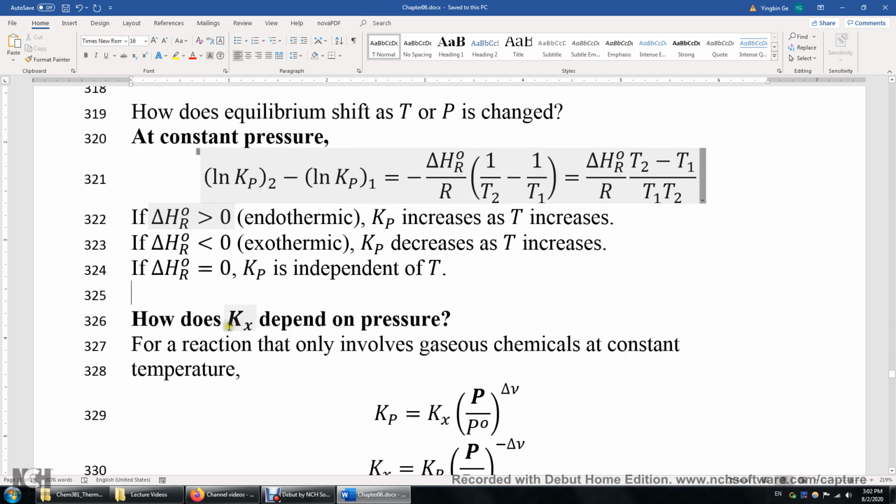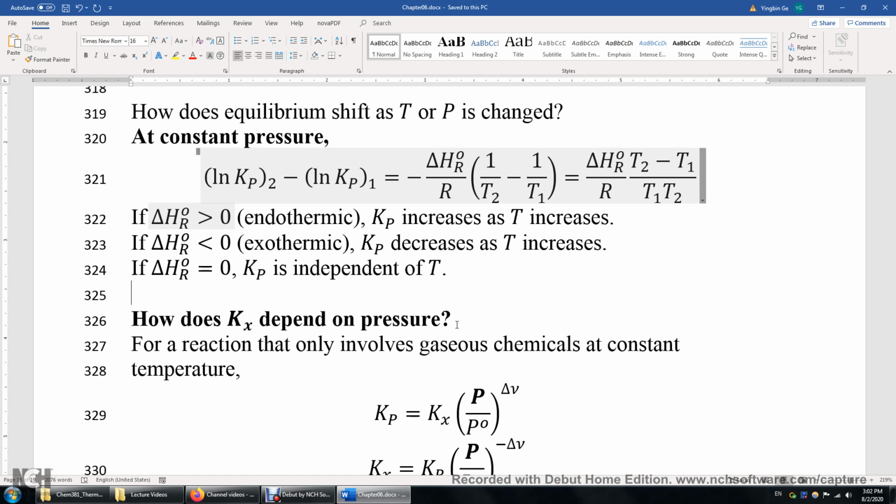How does the equilibrium constant of mole fractions depend on pressure? So first, I want to emphasize this. K sub P, the equilibrium constant of pressures, does not depend on pressures. So it's weird. But if you think about this, the Gibbs energy of reaction in a standard state is negative RT ln Kp.